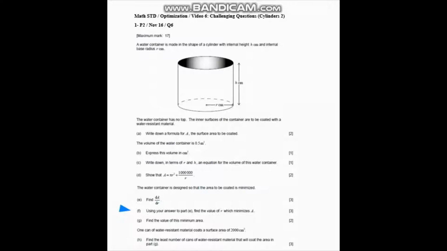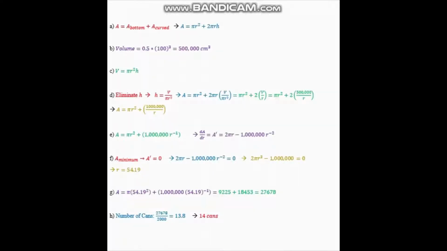So I need to find an expression for A dash, which I already have found in E, and then I need to equate this expression to 0. So there is my expression for A dash. I shall simply equate this to 0, and you can use your equation solver to find the value of r.